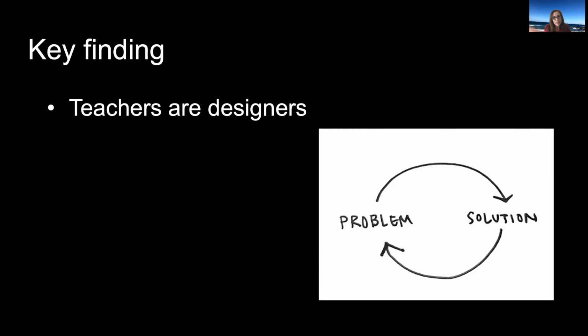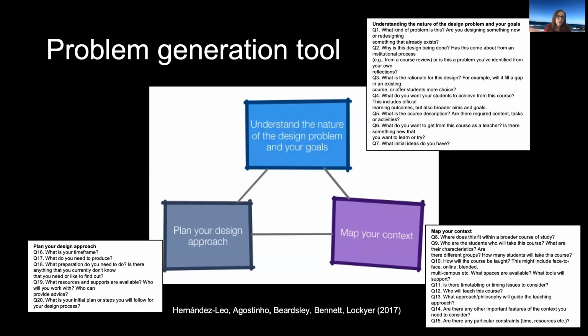So in consideration of this problem to solution type thinking, we developed, in collaboration with Professor Davinia Hernandez Leo, a problem generation tool that helps to generate deep thinking about a design problem. And a design problem in education is referring to, say, a teaching scenario.